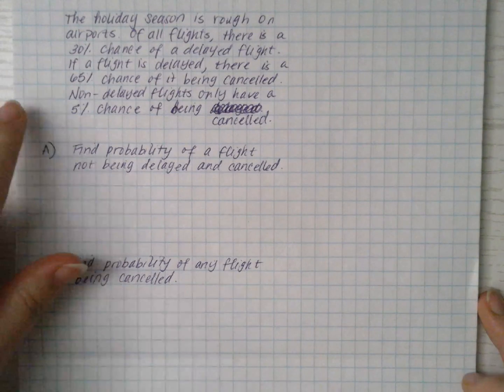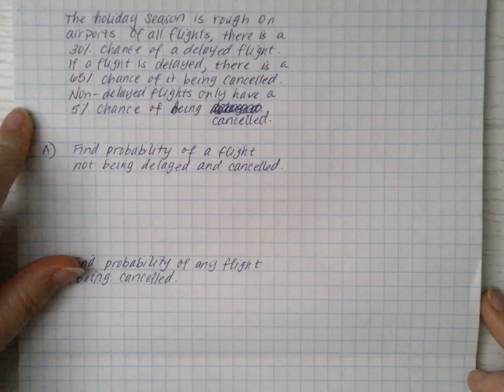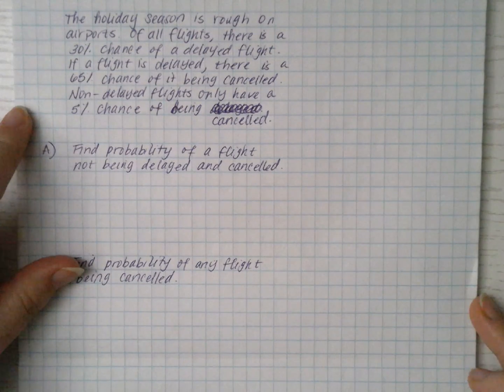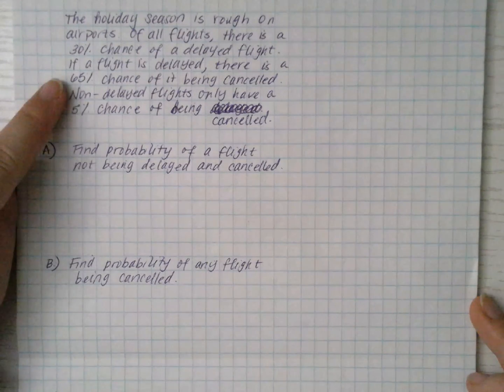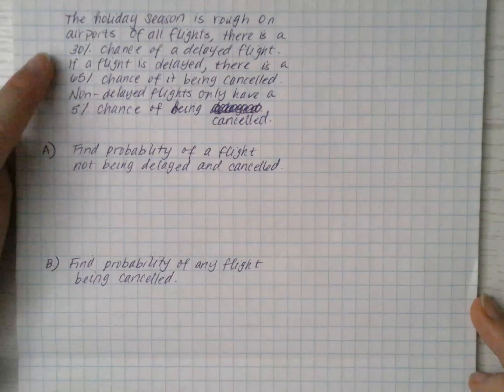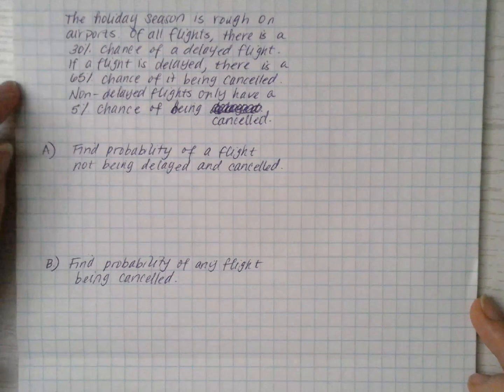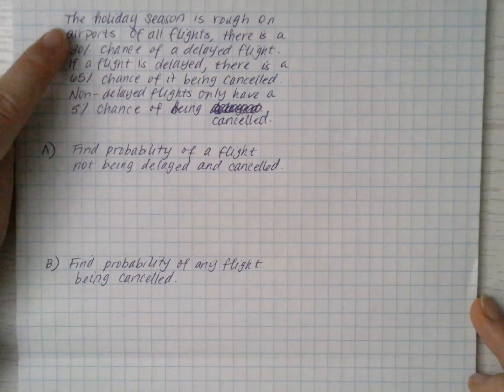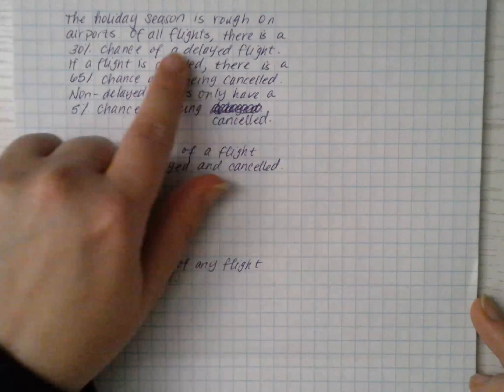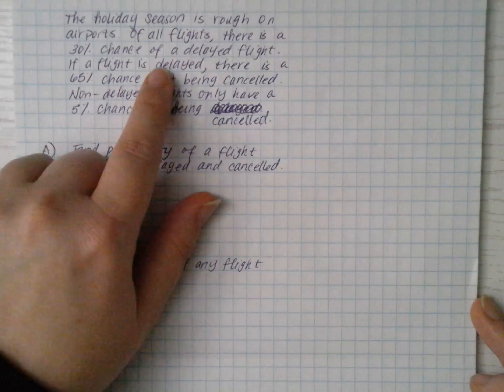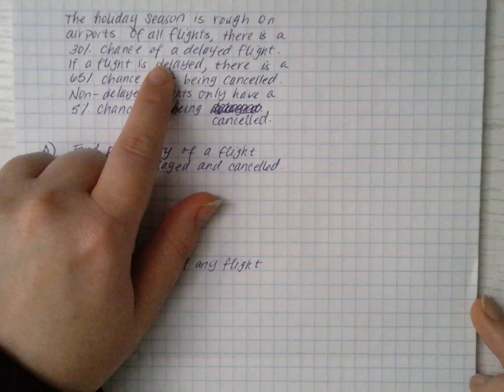So let's start out by making a diagram. I know that a tree diagram will probably be most useful because of the concept of the if-then statements. In order for one thing to happen, then the next thing will happen, and so forth. So the first thing I'm going to look at is that second sentence. Of all flights, there is a 30% chance of one of them being delayed.